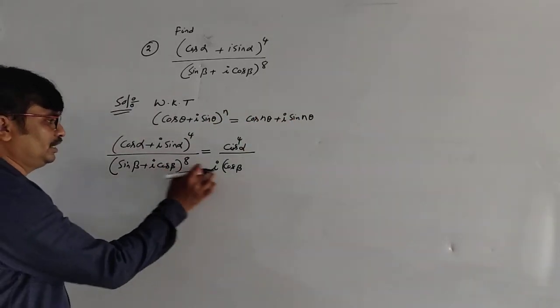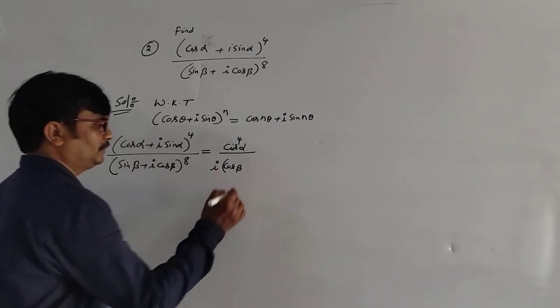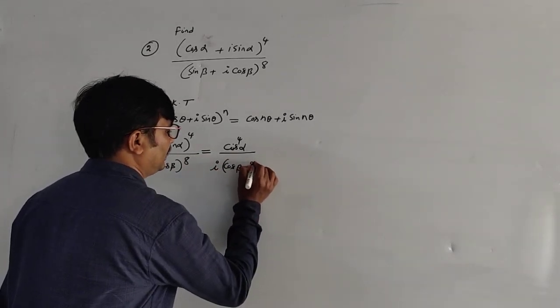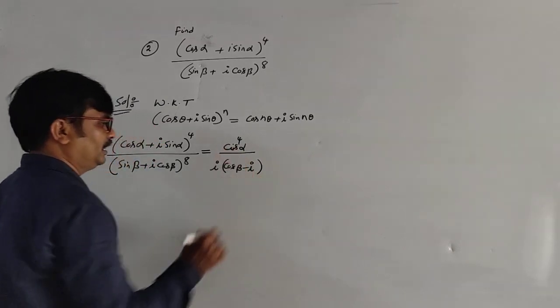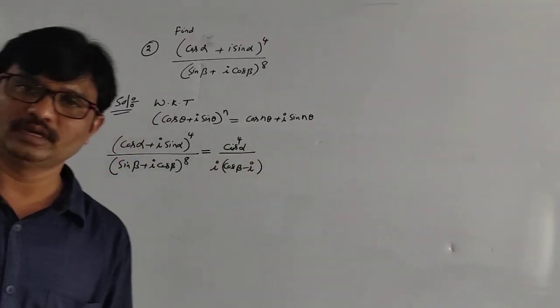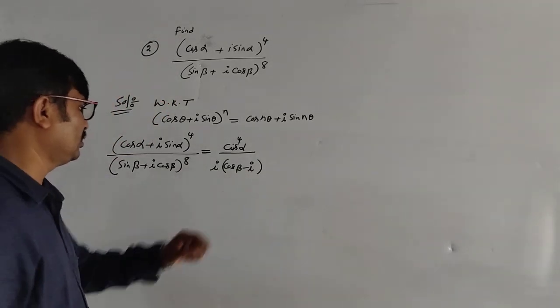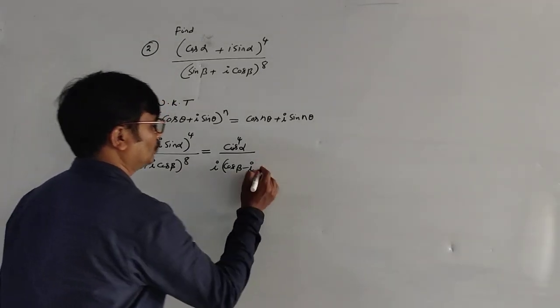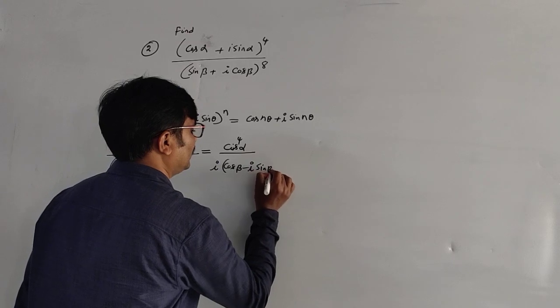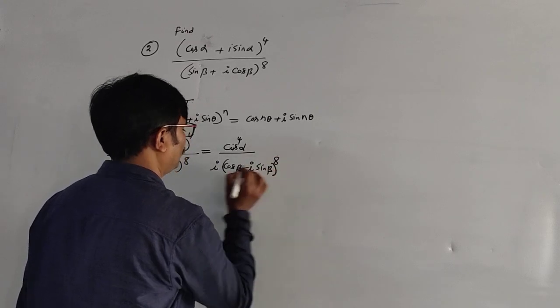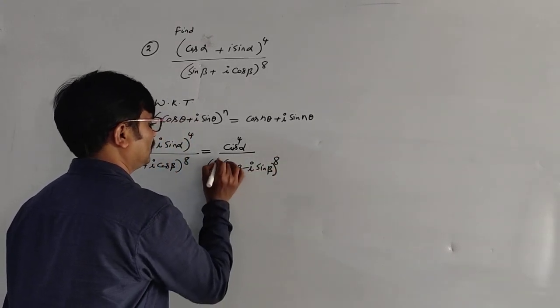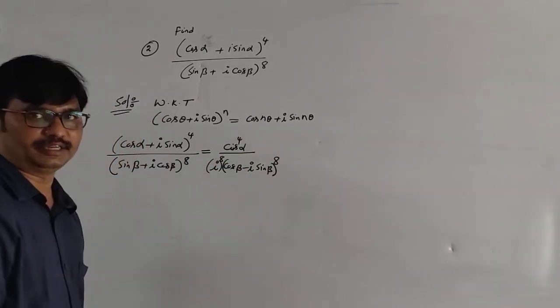So students, I into cos beta, I cos beta, this is the minus I into I square. I square is the minus, minus of minus plus. So this is sin of beta whole power 8, this is also I power 8.